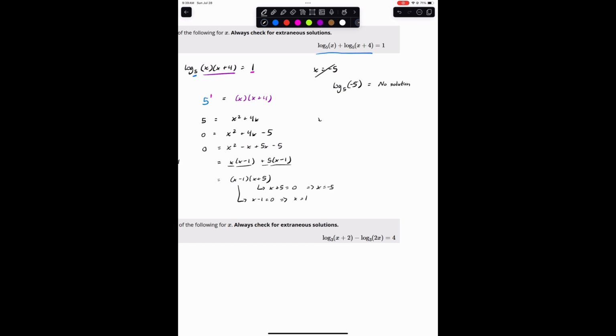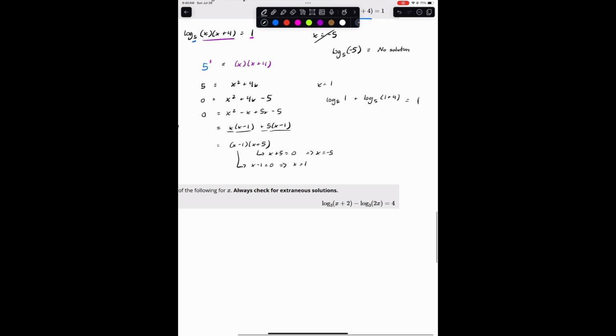But for x equals positive 1, we get log base 5 of 1 plus log base 5 of 1 plus 4 equal to 1. Log base 5 of 1 is always just 0, because this is the argument: 5 to the power what is 1?